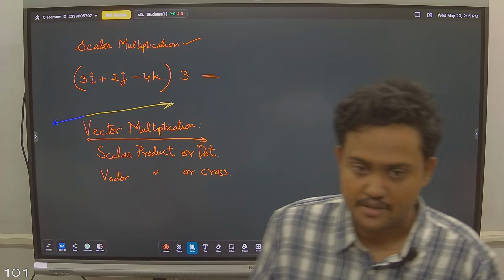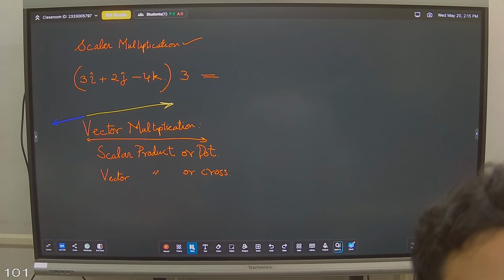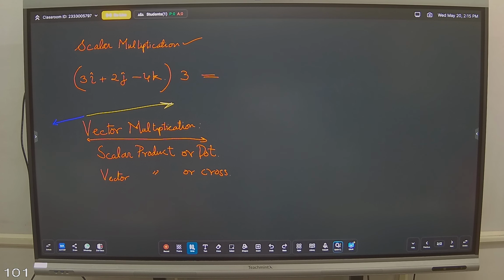That is one situation. Where do we need a product of two vectors to give us a vector? The same situation, we need to multiply displacement and force to get a vector in the case of torque, right? Are you familiar with what torque is?